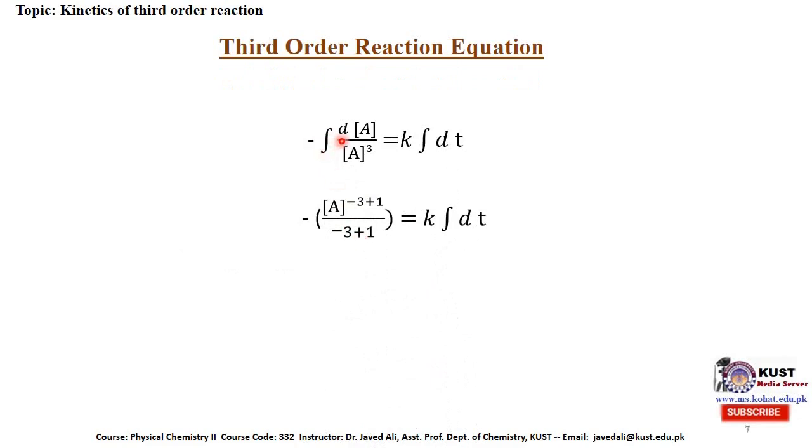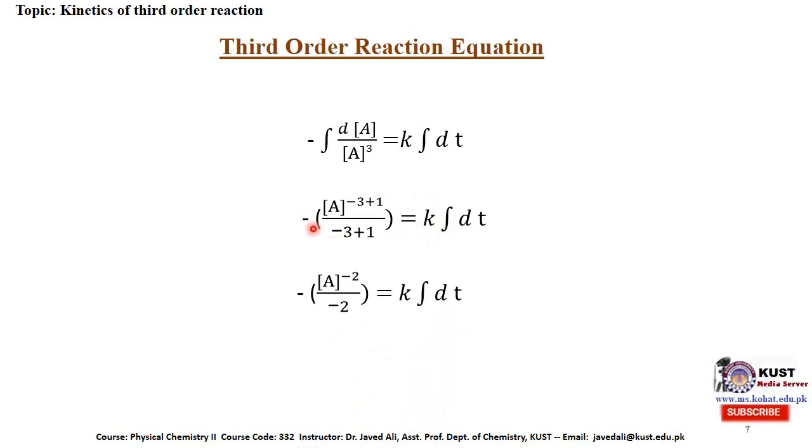By applying power integration rules, minus integration dA divided by A cube is equal to minus A power minus 3 plus 1 divided by minus 3 plus 1, and integration K dt is equal to K integration dt, taking K out from the integration symbol because K is rate constant.